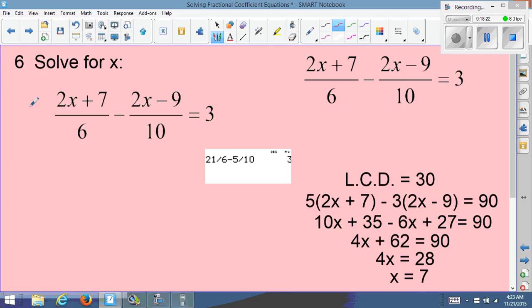When we multiply by the L.C.D of 30, the 30 cancels out the 6, leaving you with 5 up here, and you multiply 5 times this stuff. When you multiply this by 30, the 10 cancels out the 30, leaving you with a 3.